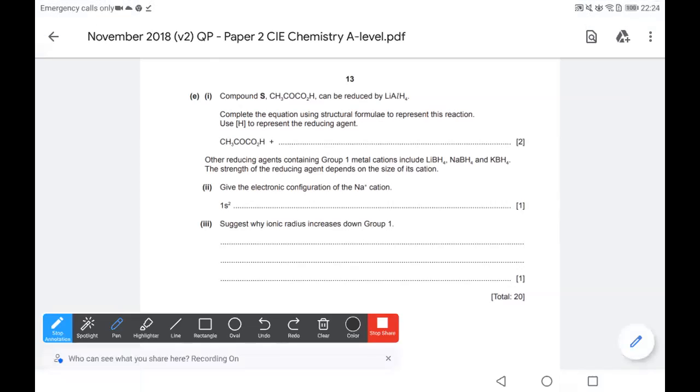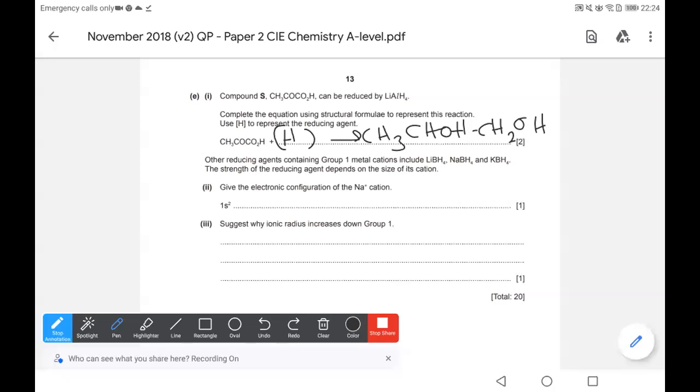If you reduce this, the C double bond O will become CHOH, so CH3, CHOH, CH2OH. This is the reduction reaction.